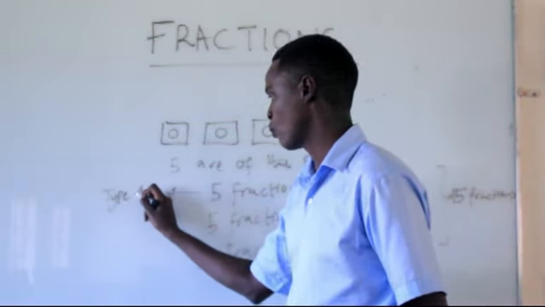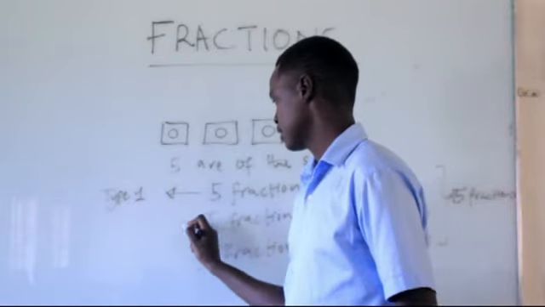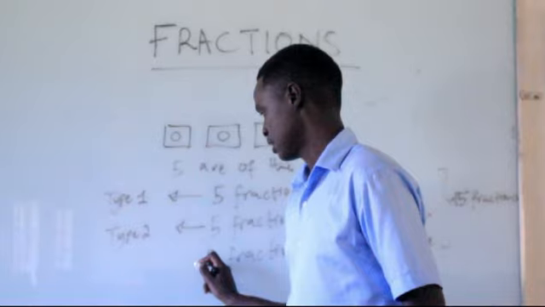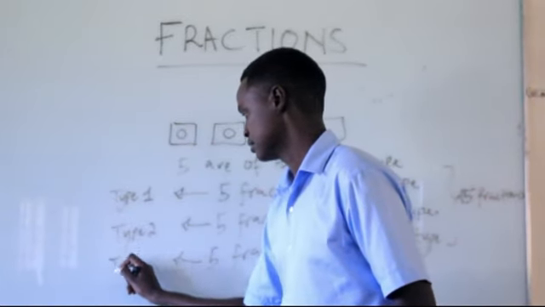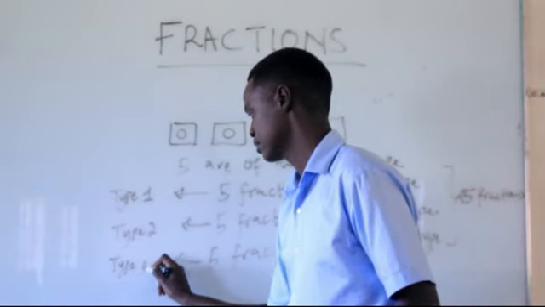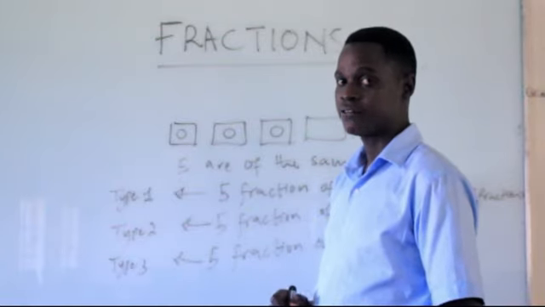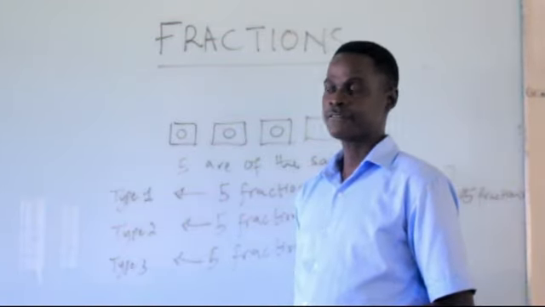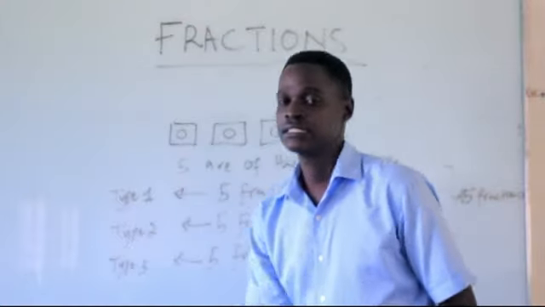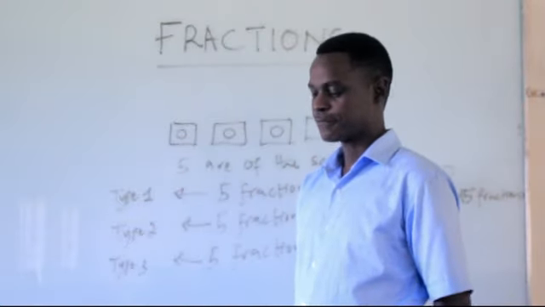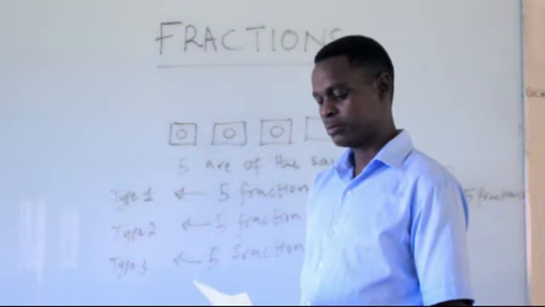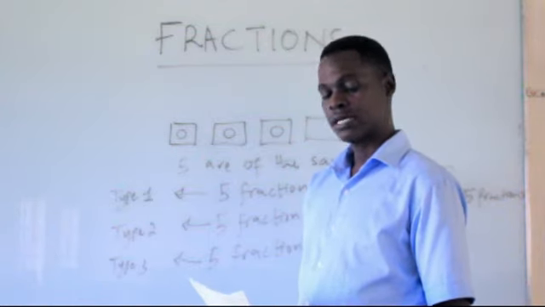Let's call it type 1. Then another 5, type 2. Another 5, type 3. By the end of this activity, you should have known that we have 3 different types of fractions, and from there you should be able to do the exercise.